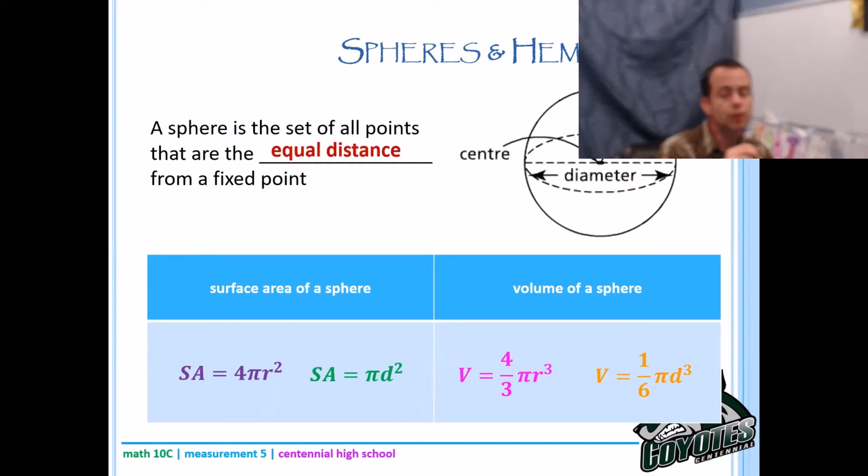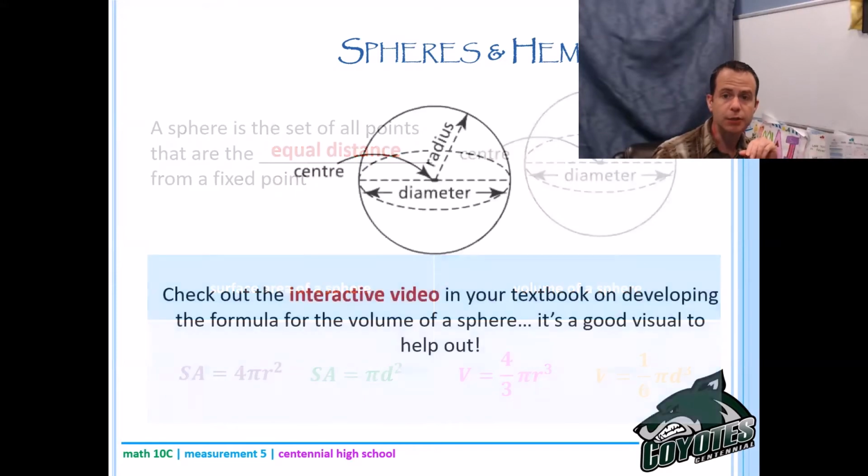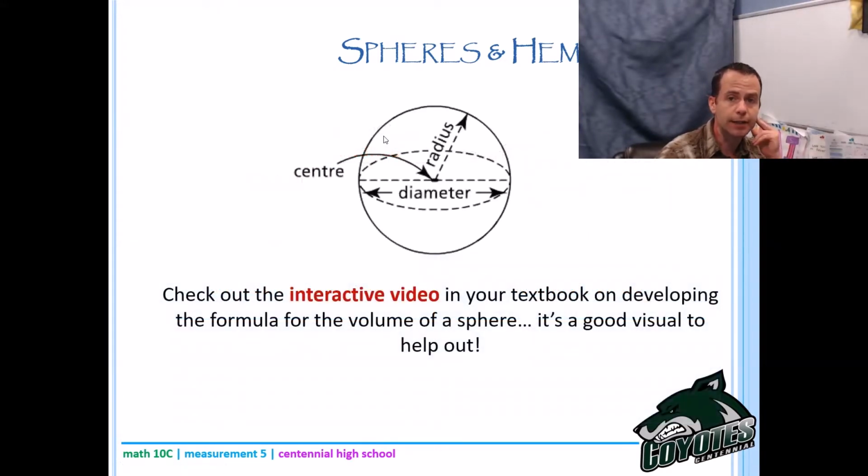So what I want to do next is show you a quick interactive video on how we derive the formula for the volume of a sphere, okay? And you need to use the surface area formula, which I'll show you in a second. Again, I know I said this in a previous lesson, I do these things because I want you to realize nobody just sits there and says, oh, this looks like a good formula, let's just make this up and make kids do it, okay?